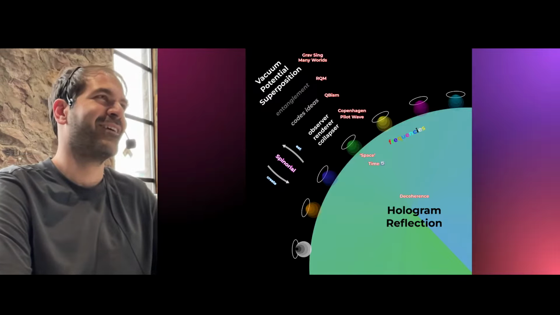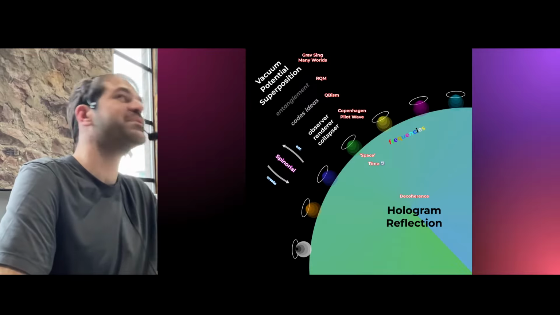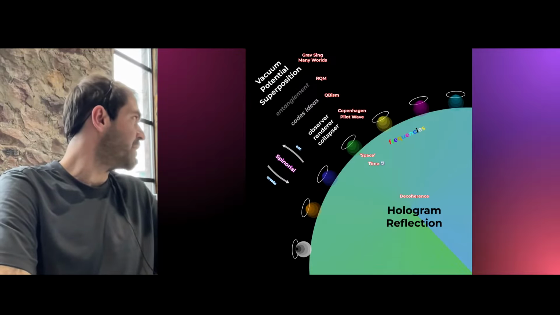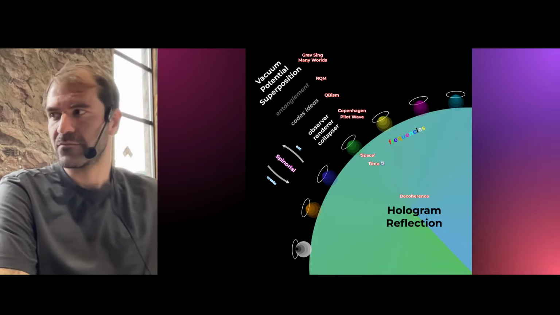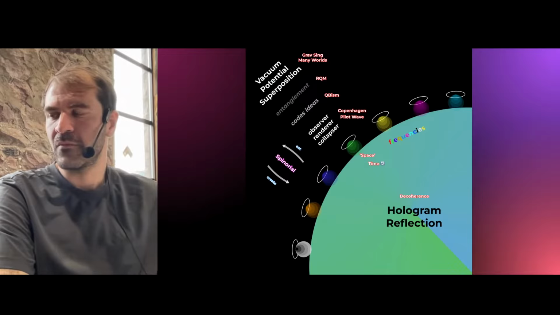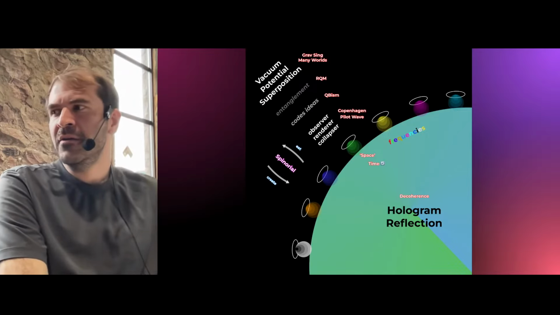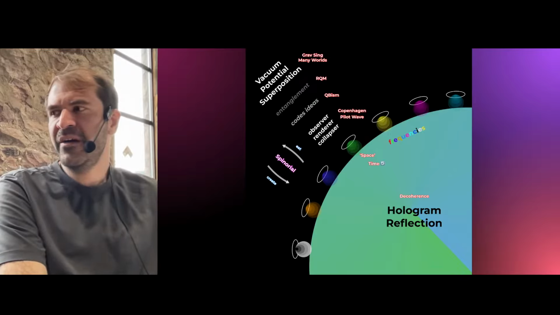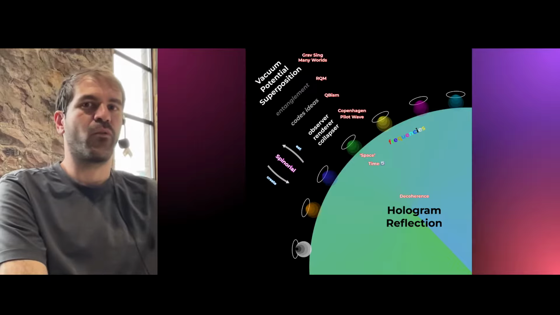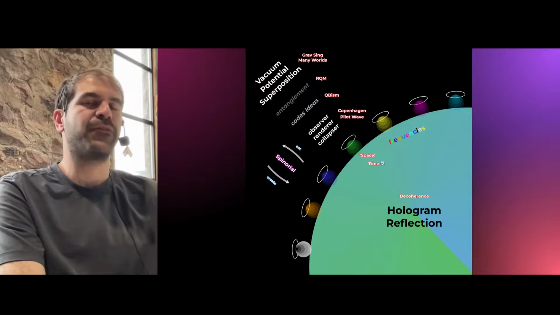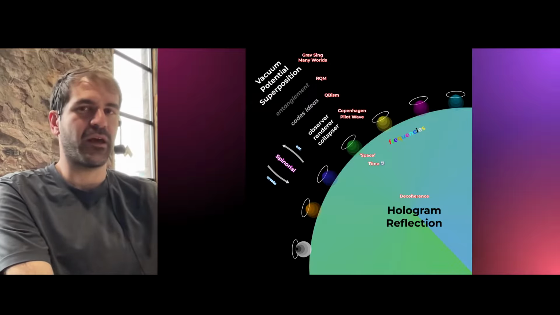So this is all of them together in a single image. This is trying to bring together vacuum holography as the fundamental definition of consciousness, general relativity, and quantum mechanics all at the same time.